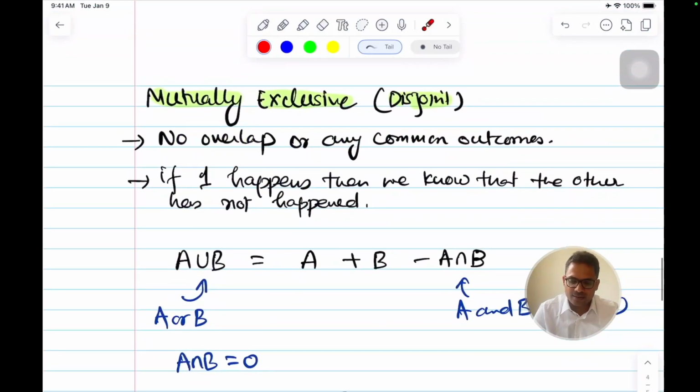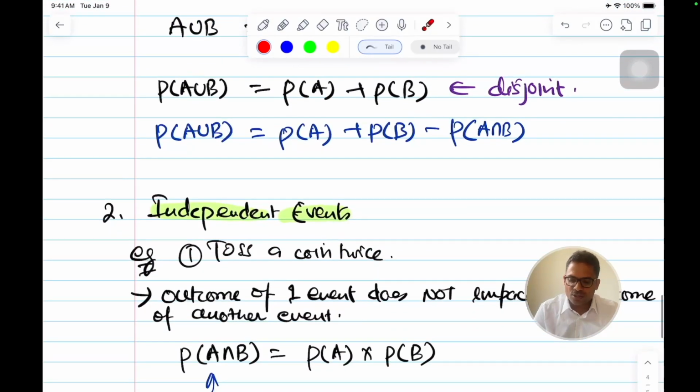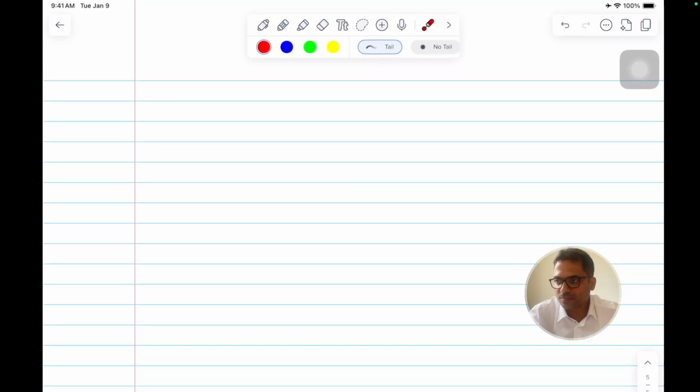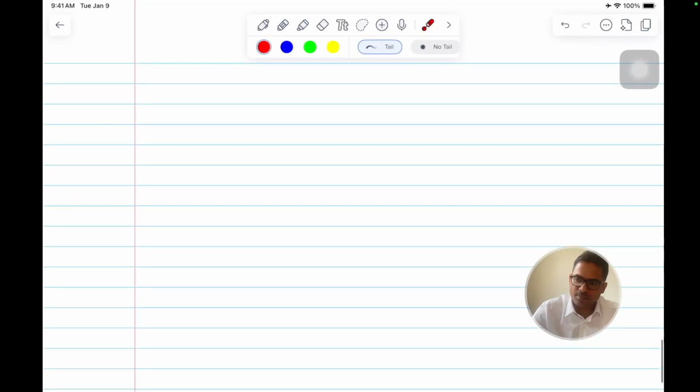But in independent events, the knowledge of one event, like tossing a coin, does not give me any information about the second toss. So both the tosses are independent events. Okay, let's continue. That is what mutually exclusive and independent events are.